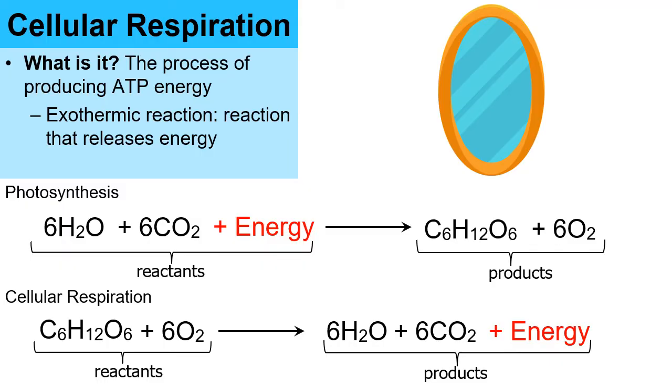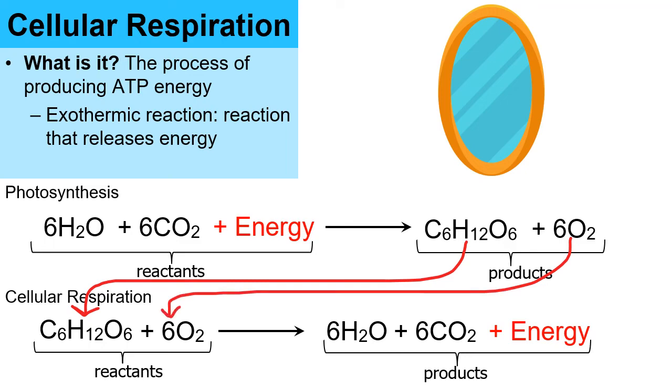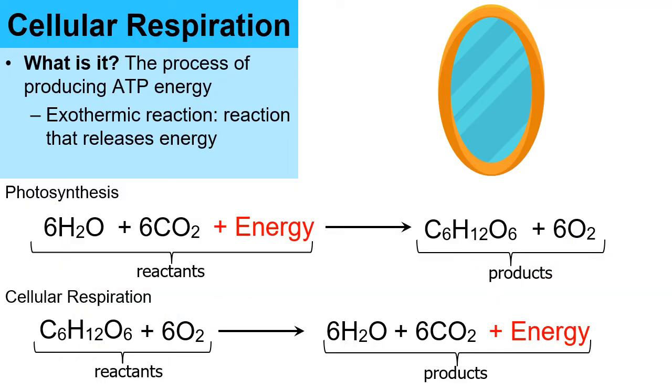And so after photosynthesis, glucose is created and it is used and broken down during cellular respiration to make ATP. Same with the oxygen. It's used in cellular respiration to break down the glucose and to make ATP. Now, if you look at the products of cellular respiration, the water and the carbon dioxide can be used during the process of photosynthesis.